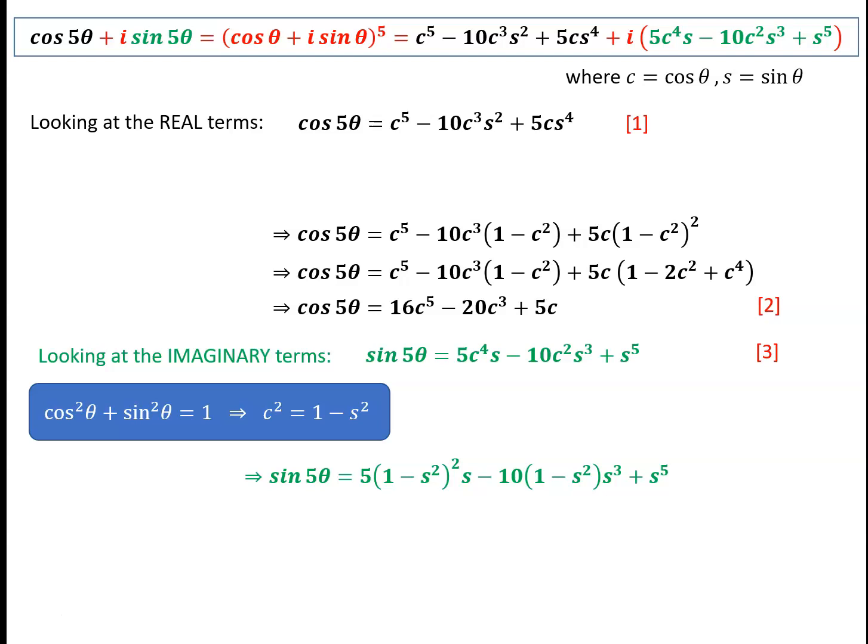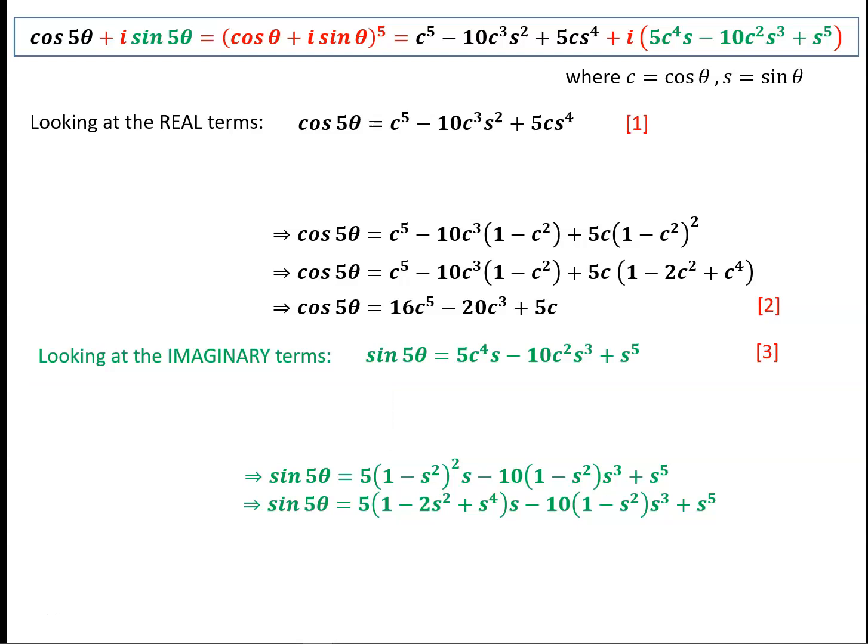Expand the 1 minus s squared squared to obtain 1 minus 2s squared plus s to the 4, and simplifying the right hand side will give me sine 5 theta equals 5s minus 20s cubed plus 16s to the power 5.